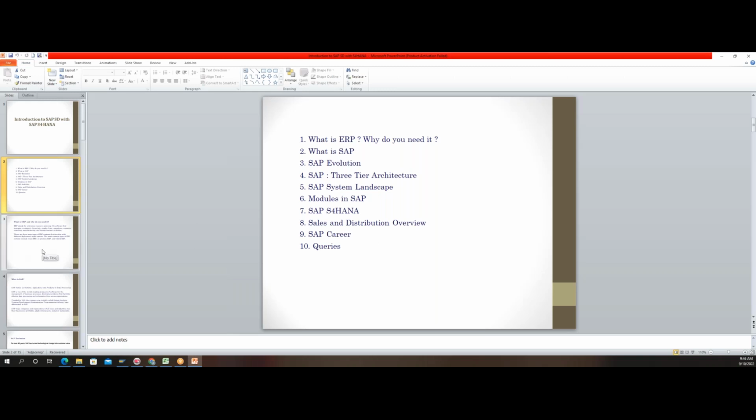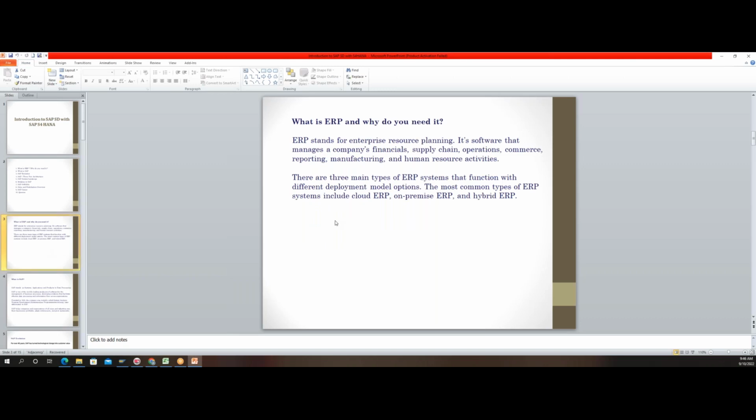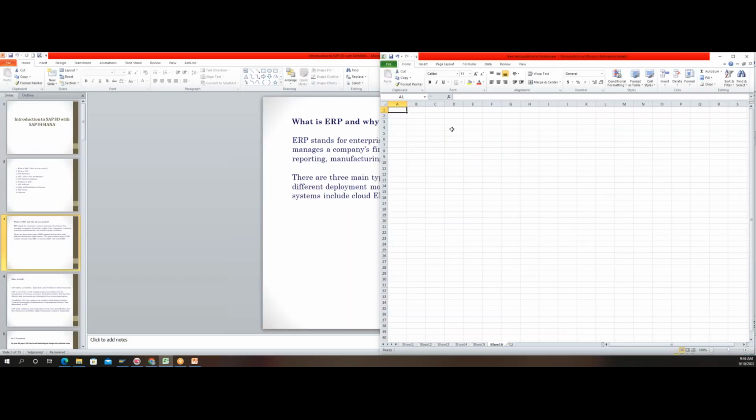Okay, so let's proceed to the concept of what is ERP and why do we need it. All right, so what is ERP? ERP stands for Enterprise Resource Planning. So what do I mean by Enterprise Resource Planning?